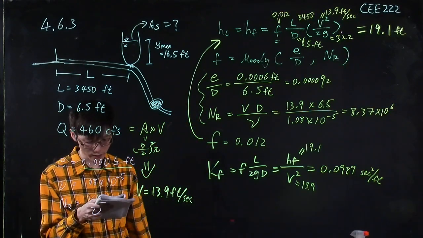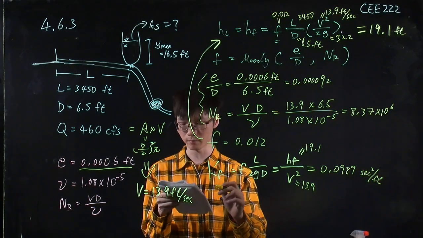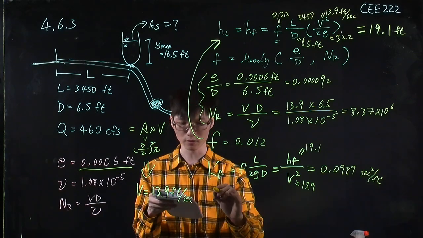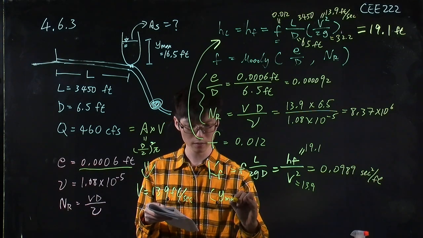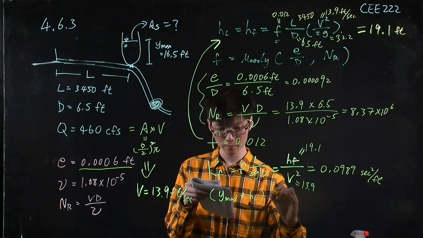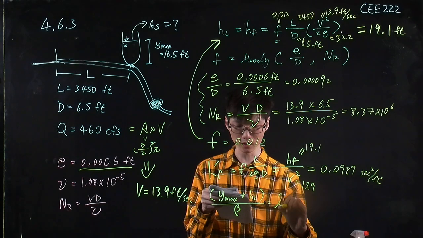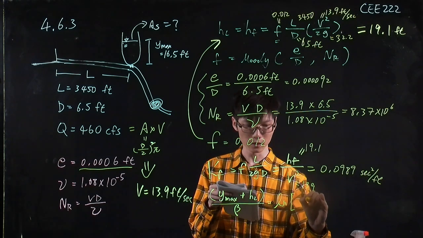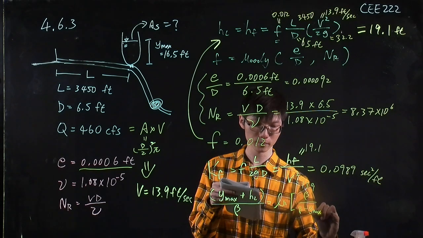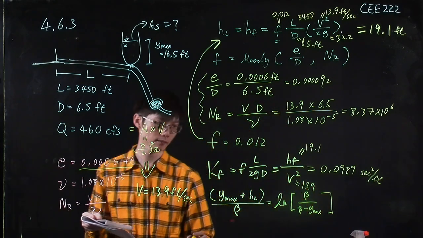Okay, so next we can calculate the damping factor using the equation shown here. Y max plus the head loss divided by the damping factor beta is equal to the log of the damping factor divided by beta minus Y max.